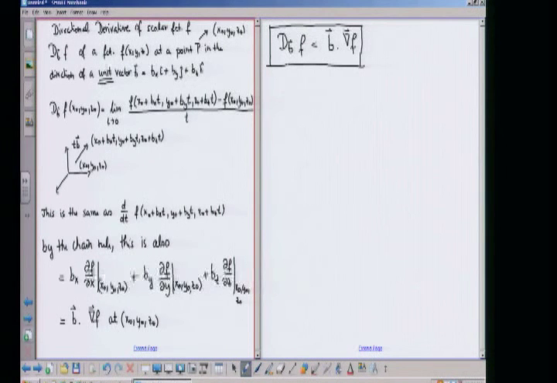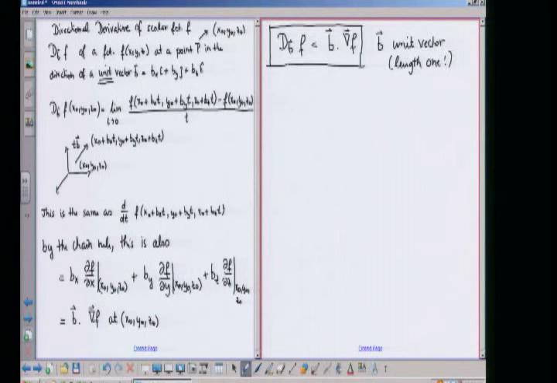I just wrote this down and didn't stress it so much. So this is if b is a unit vector, which means it has a length of 1. If it doesn't have a length of 1, we have to divide by the length of the vector.